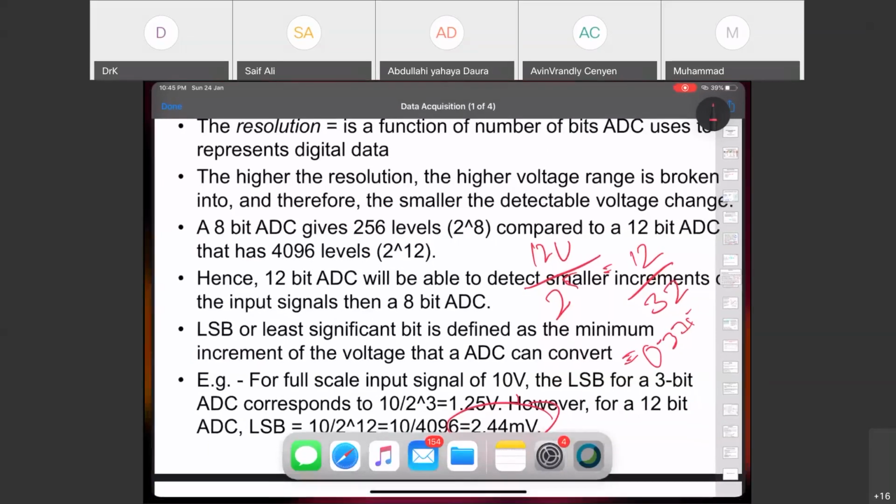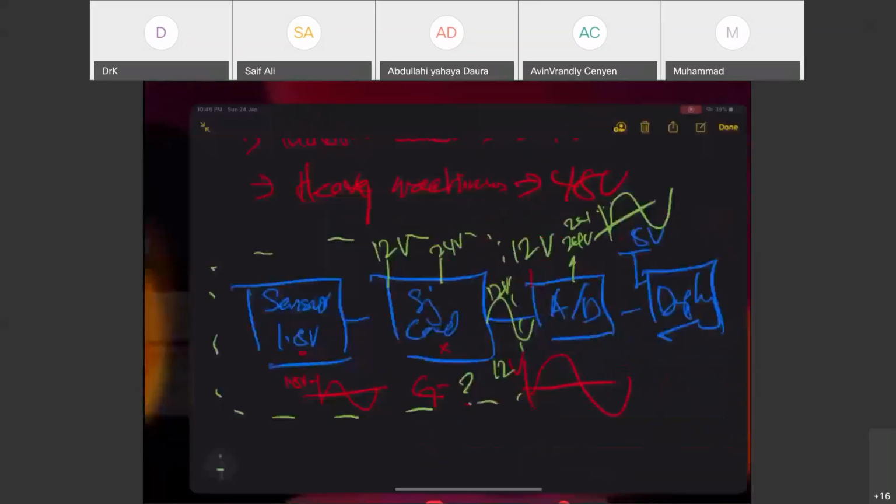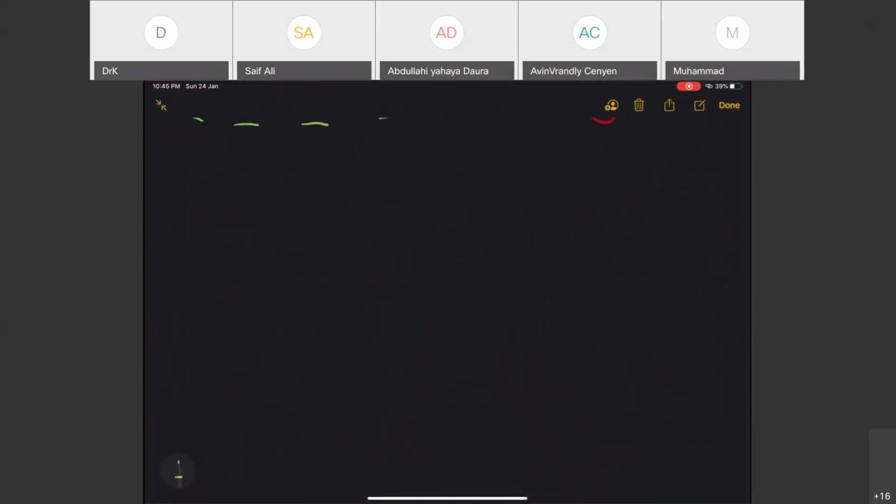Guys, I want to show you how this kind of thing affects your precision. For example, I have a 12 volt system. Now I'm using a 3-bit system, 2 to the power of 3. I have 12 volt divided by 8. So what do I have here, guys? 1.5 volt.